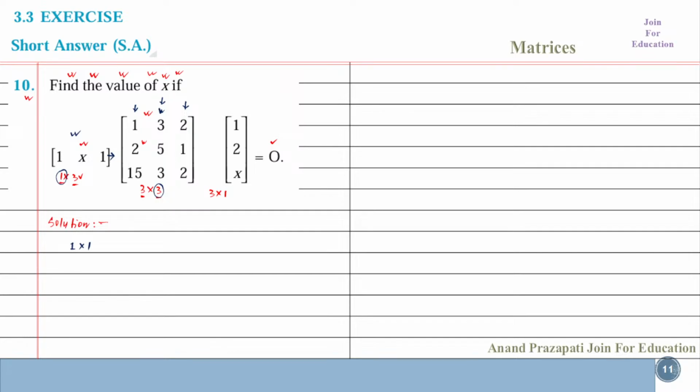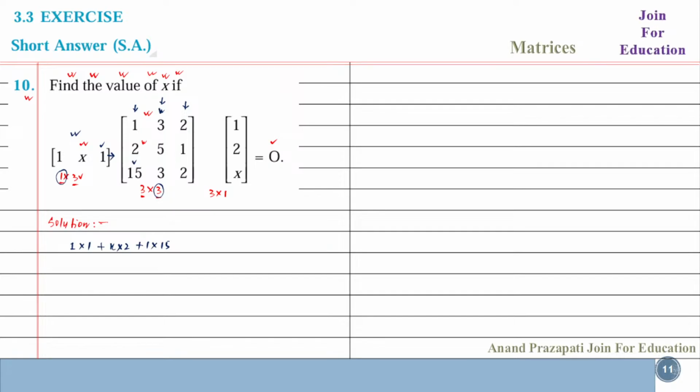After that x into 2, we write down here plus x into 2. After that 1 into 15 plus 1 into 15. There is no problem to understand up to this step.